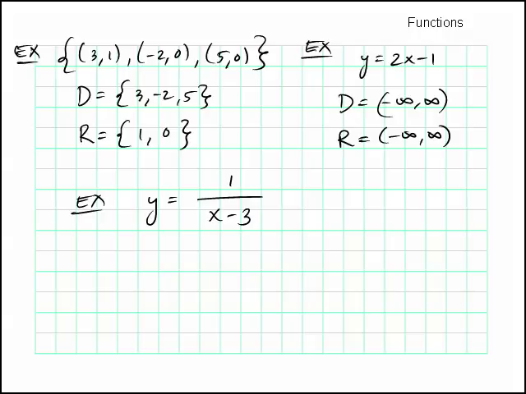No, x cannot be 3 here because 3 would cause division by 0, and that's one of the things you can't do in the world of math. So x can be anything except 3. So here, for this equation, the domain is all x's, all real numbers, except 3.